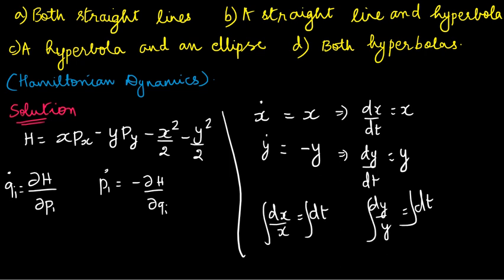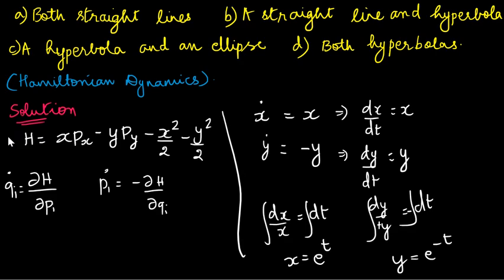When I integrate these both, I get my x to be e power t, and it was minus, sorry, y to be e power minus t. So I hope you get this when you solve. So next, now we have x and y.